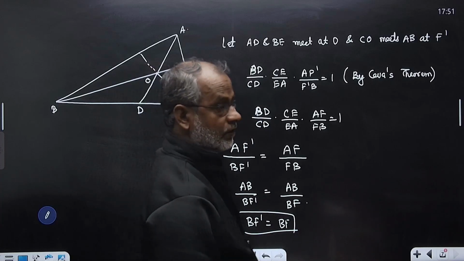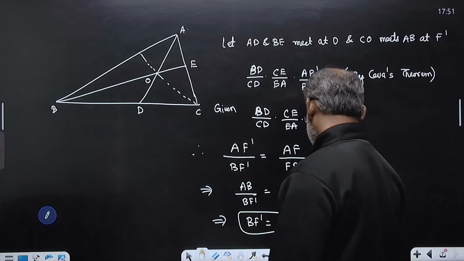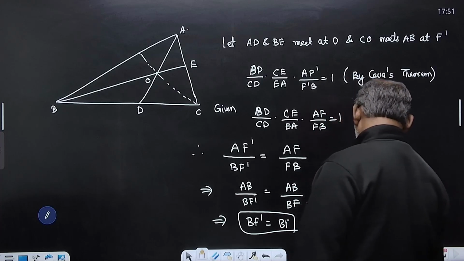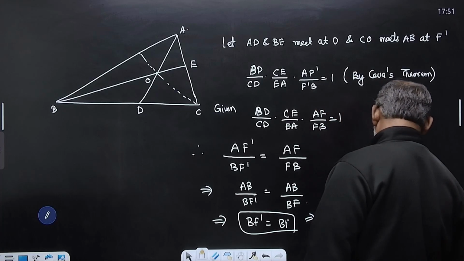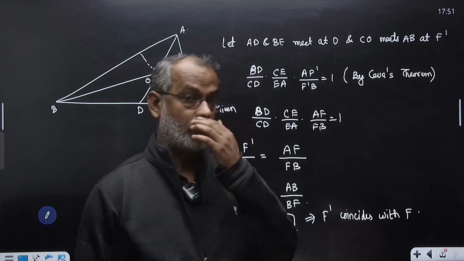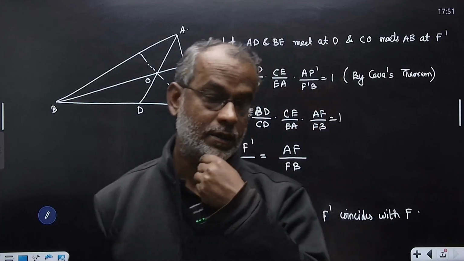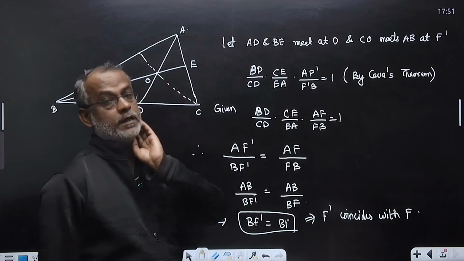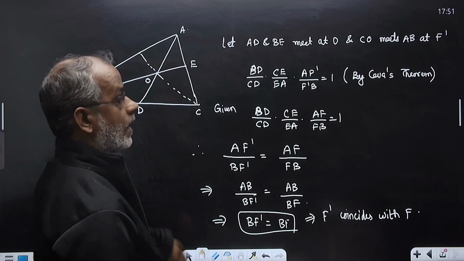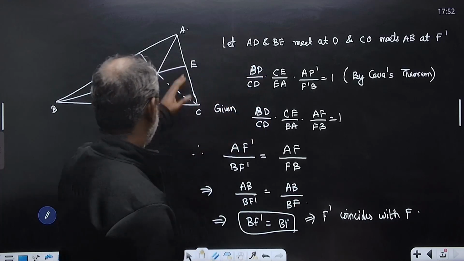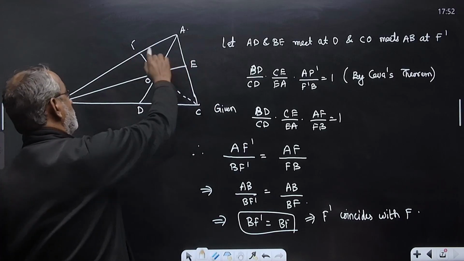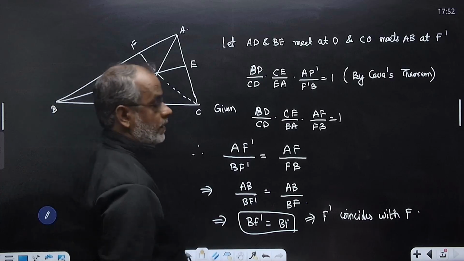And since F lies on AB, this implies F dash coincides with F. So, the converse also holds: if the product of these ratios is 1, then the three Cevians AD, BE, CF are concurrent.